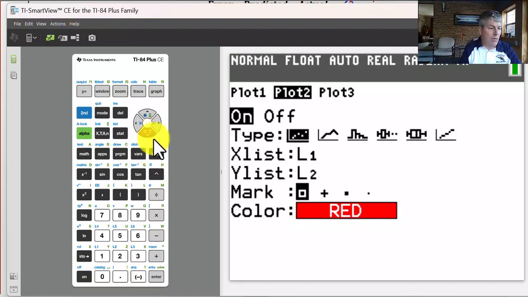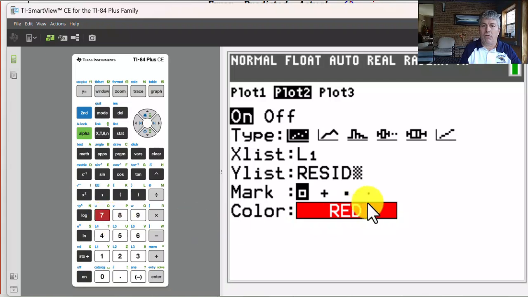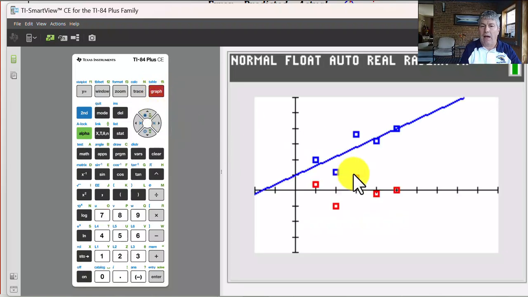And now we're going to draw from list 1, but for y we're going to use list 2, second stat and residual. So that's where we're going to draw that from. And now we'll go ahead and graph. So now the red dots here, that is our residual graph.